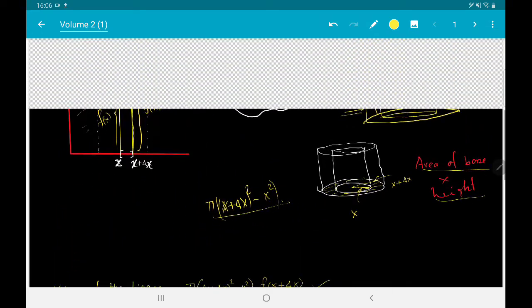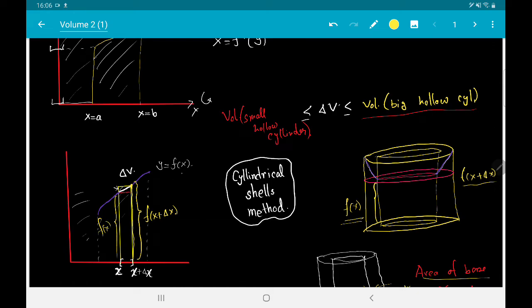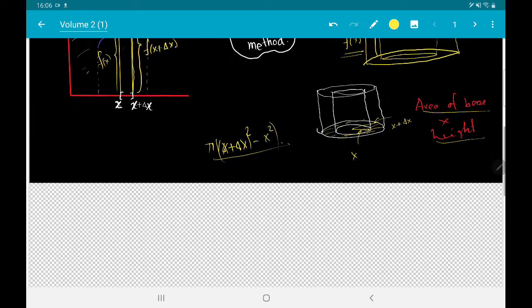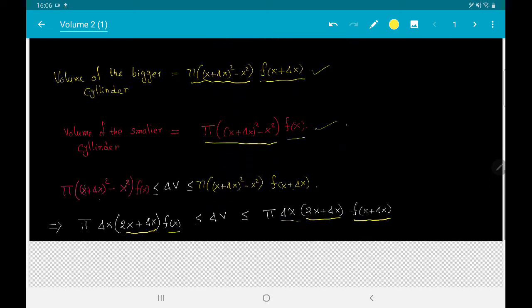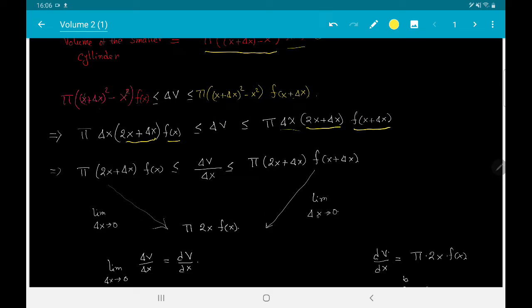Now for ease of computations, we will assume that the function that we have taken, f of x, is continuous. I have mentioned that here also, but let us go on. So now if f is continuous, we divide the whole inequality by delta x.